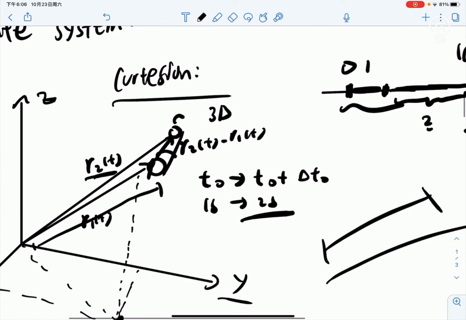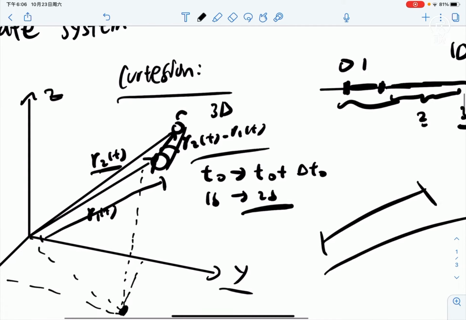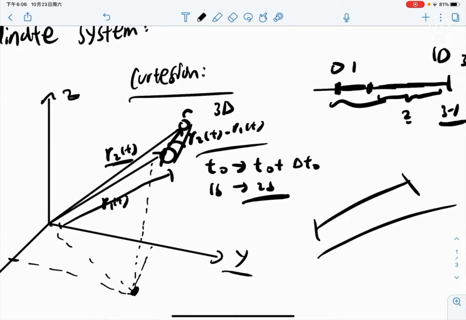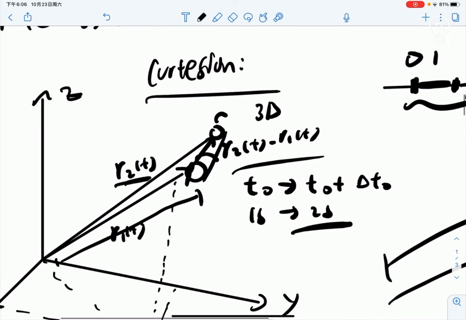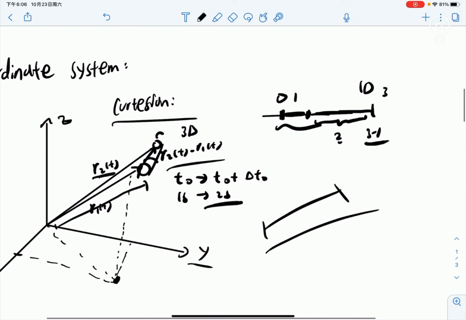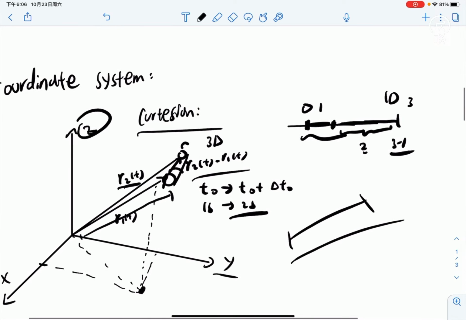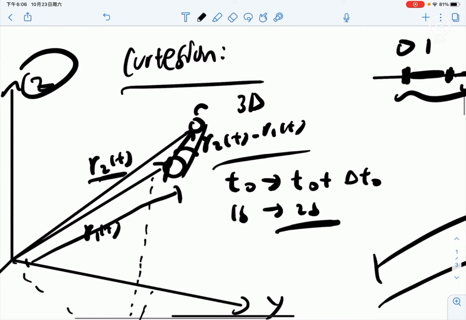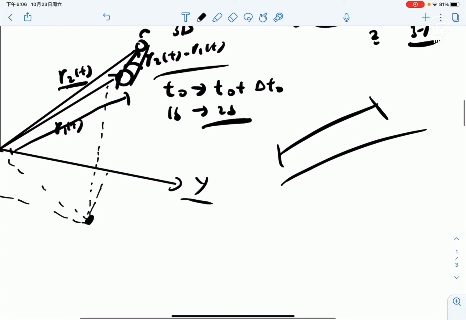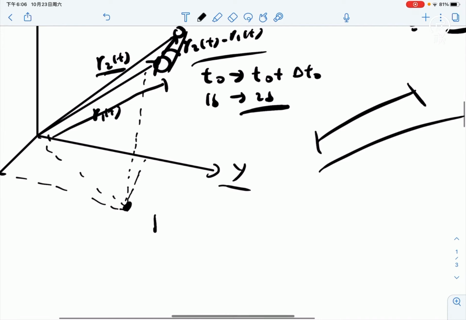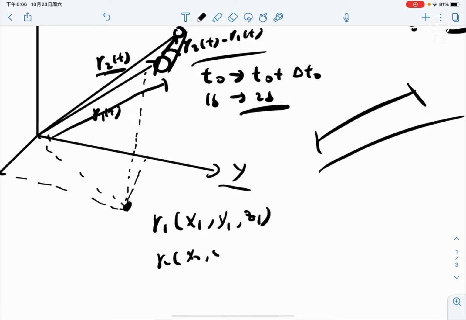Here is a similar case. It's just a projection. If we take a look at how much it changes, r1 can be described as x1, y1, and z1. R2 can be described as x2, y2, z2.